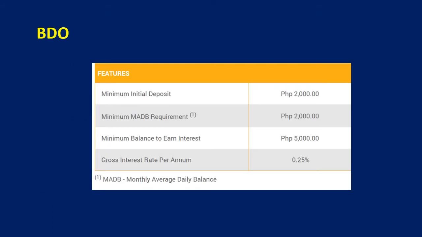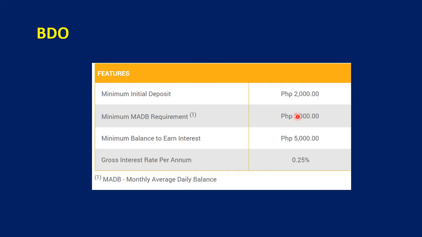So here are the requirements for opening a savings account in BDO. You need a minimum initial deposit of 2,000, and average daily balance is 2,000 pesos. We will talk about this one later.